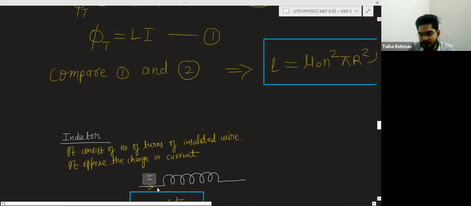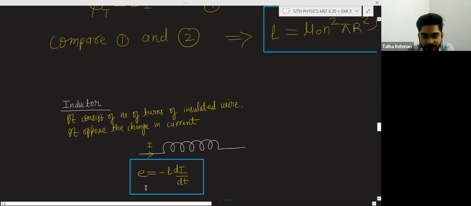If there is a change in the current in this inductor, then there will be an induced current in this inductor, and there will be an induced EMF also, and that induced EMF is given by minus L di by dt. So what is this E?